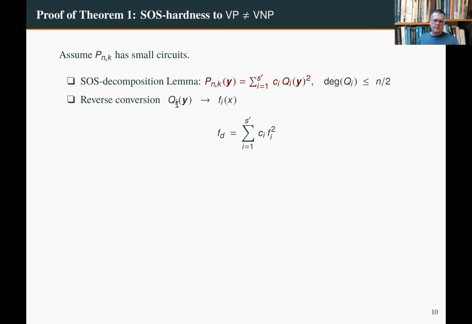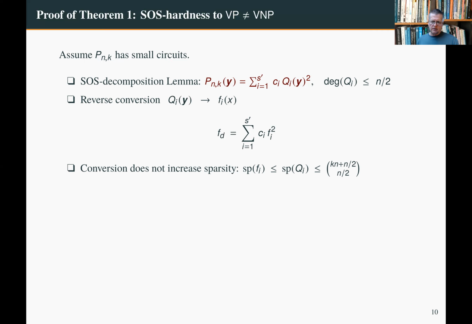So this gives you, from the multivariate Qi, it defines univariate Fi, and this equation here translates into the univariate setting. So then this implies a representation of FD as a sum of square representation.